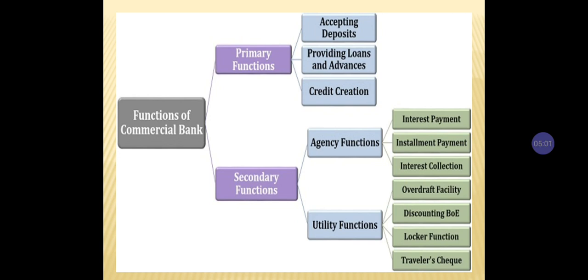Then locker facility, where I can keep my money, bonds and jewels in a safe place. Then traveler's check: businessmen traveling from one country to another for import and export of goods carry traveler's checks on behalf of the bank.